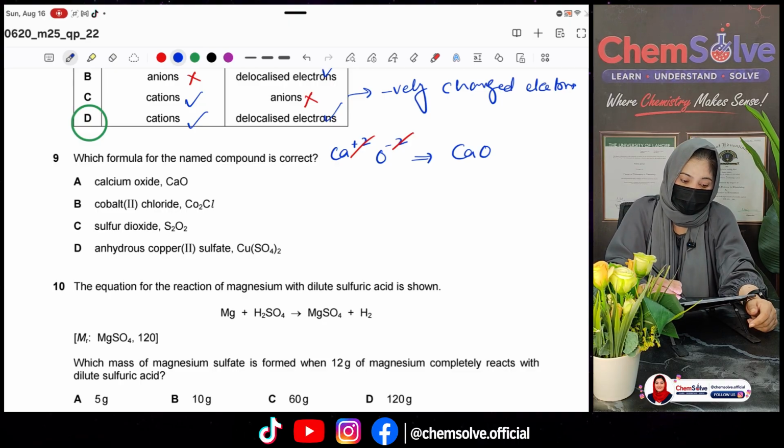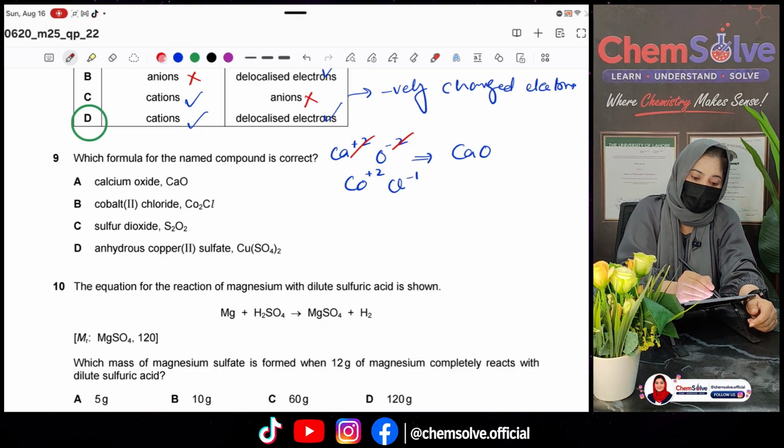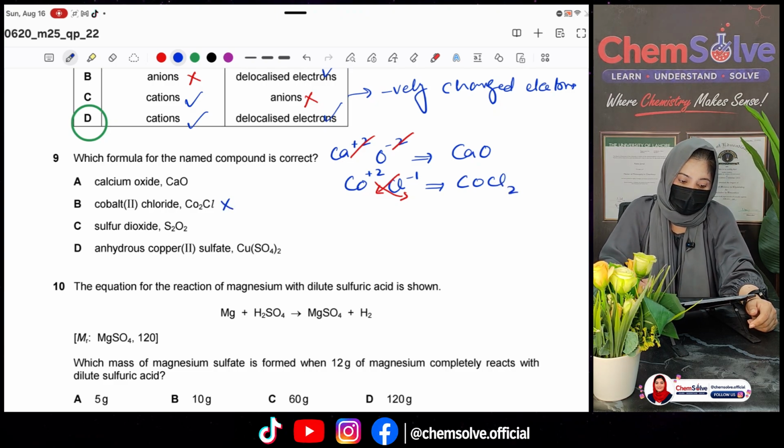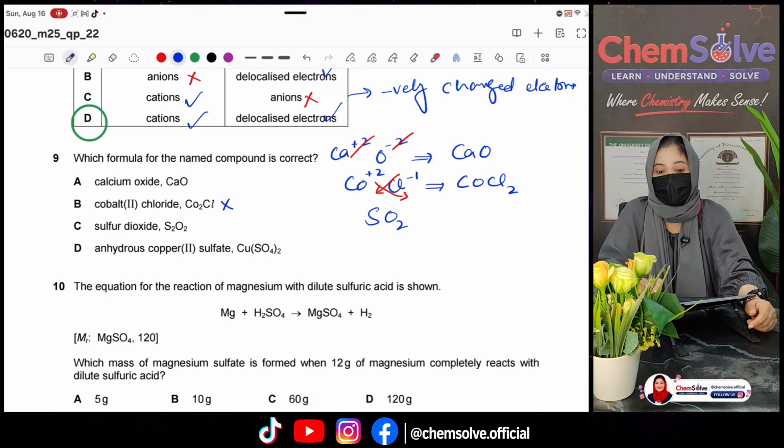The charge of cobalt is positive 2 here, and chlorine is -1. So they will come down like this. The formula would be CoCl2. So this is wrong. Sulfur dioxide. Sulfur is 1. Dioxide means we have 2 oxygen. So this is sulfur dioxide like this.